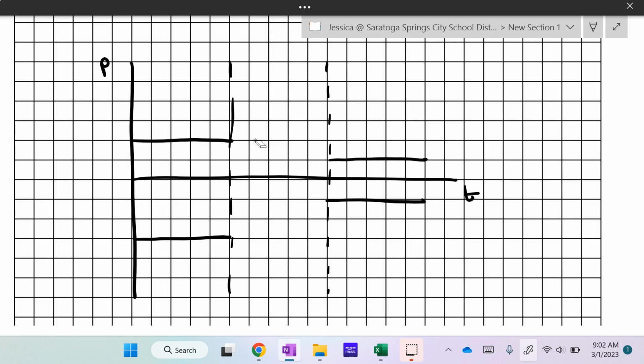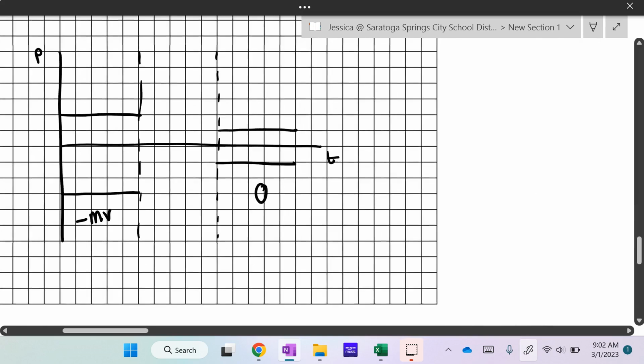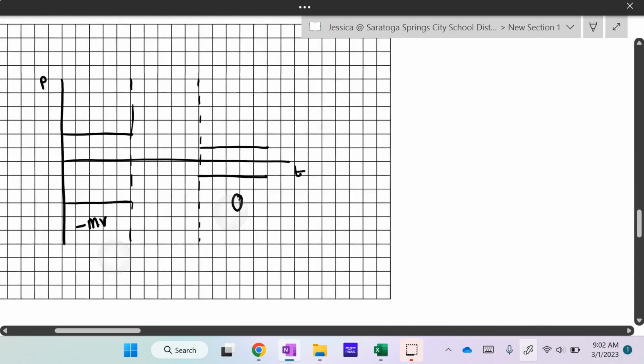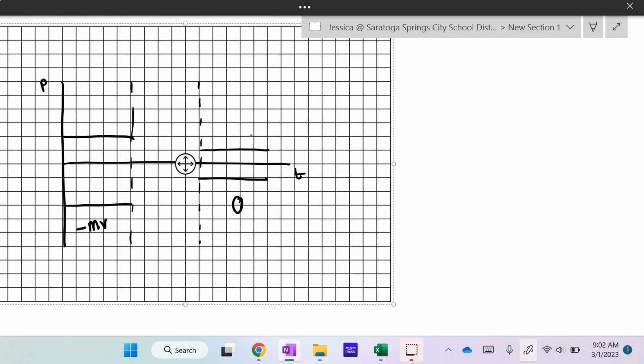Or maybe we don't know what the center looks like, right? But in a situation like this, my initial momentum is negative mv, and my final momentum, maybe sometime after the collision, is 0. So this tells me that there's some sort of force exerted on the objects other than the forces that are in the interaction, which is why our slopes are not equal, right?